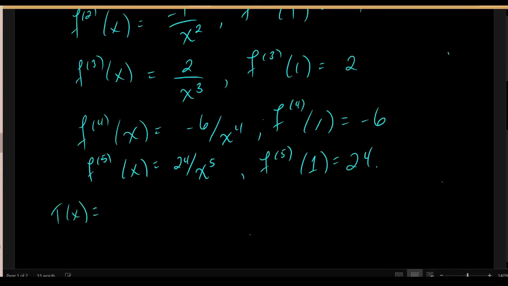So our first derivative, positive 1, gets multiplied by x minus 1 to the first power, x minus the center to the first power. Then our second derivative has minus 1, we divide it by 2 factorial, and we get x minus the center to the second power.